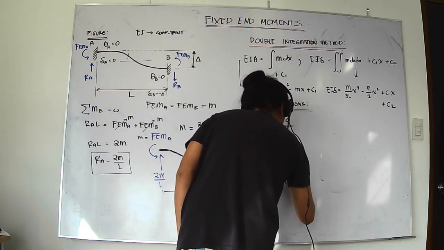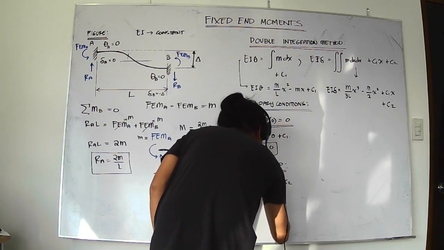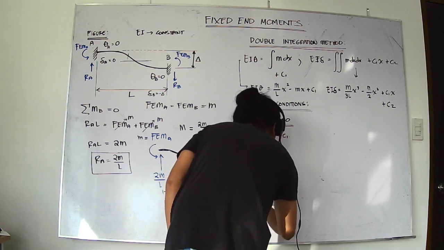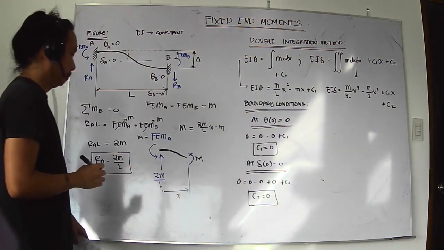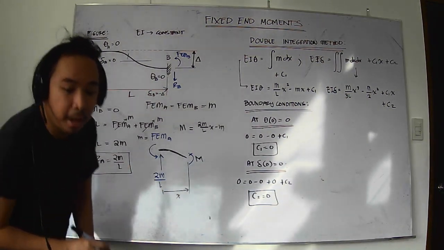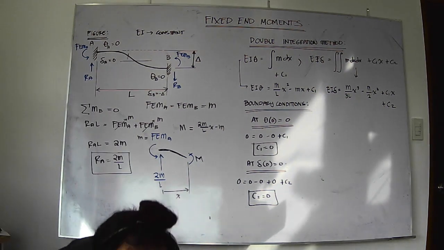In which our C2 is just equal to 0 again. Right? I hope these calculations are clear to you.